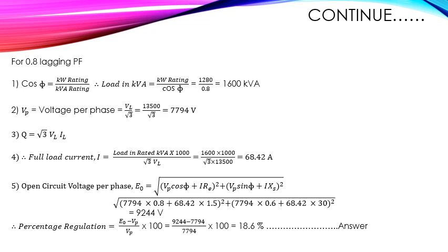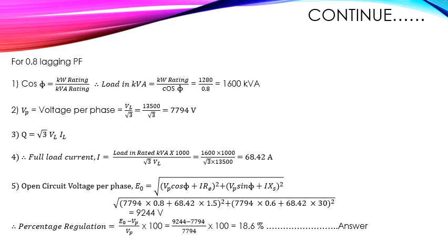The full load current is 68.42 ampere, so put those values: Vp is equal to 7794, cos phi 0.8, I 68.42 amperes, and the given value of effective resistance per phase as 1.5, and take the whole square.